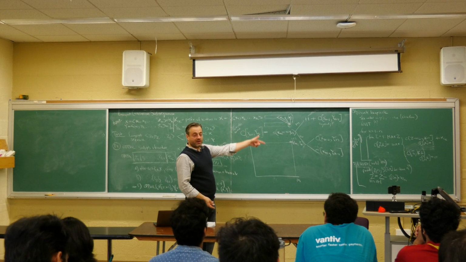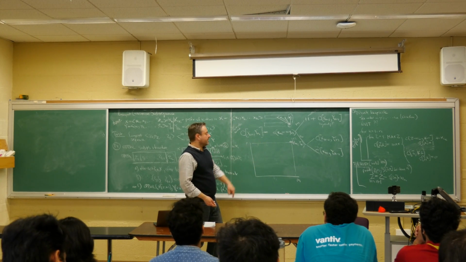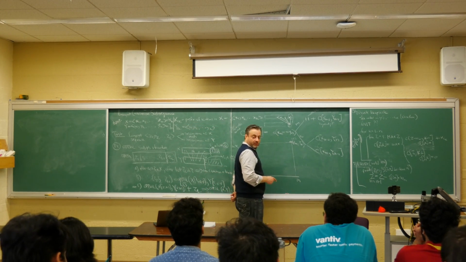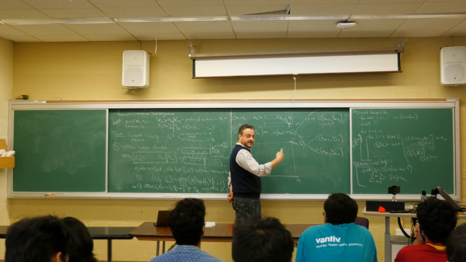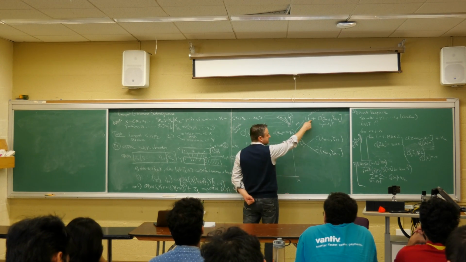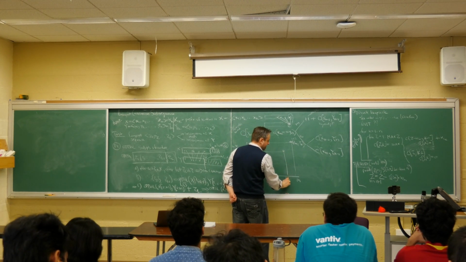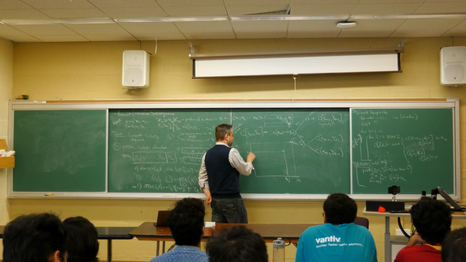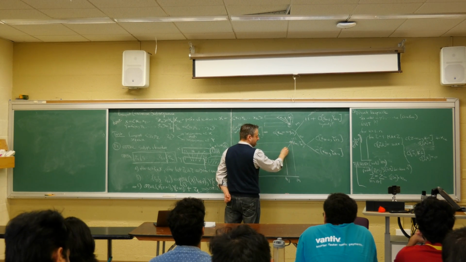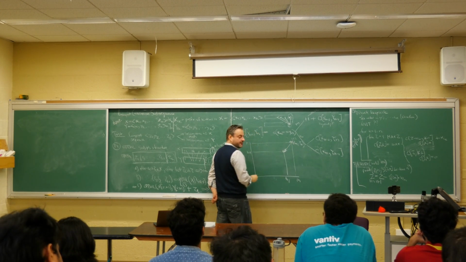So I have 3 possibilities. If the item is common, the last element of the sequence is a common element, then where is this going? This is M minus 1, N minus 1. So I may need this subproblem, right?